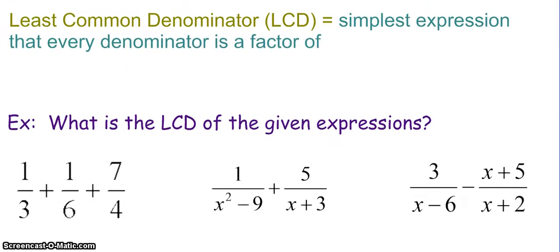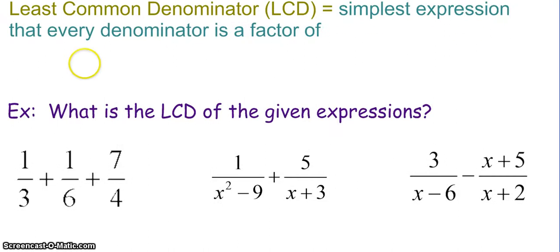And so if you look back up at that definition, what is the simplest expression that every denominator is a factor of here? I'm looking for an expression, and in this case, since each denominator is already just a number, that expression is also just going to be a number. Whereas the other two examples will have variables involved. That's okay. So now I want to think about the smallest number that every one of these denominators is a factor of.